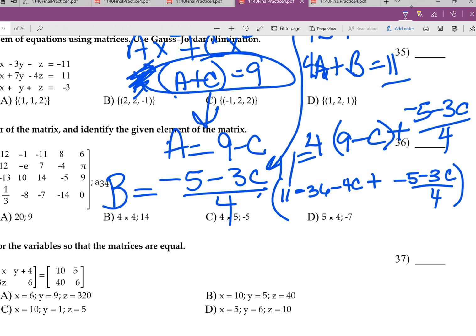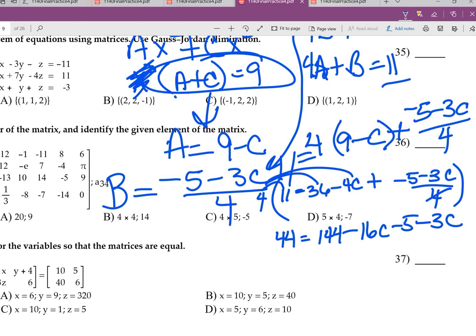I know it sounds hideous, but I'm going to multiply all of that by 4, so I'm going to get 44 is equal to 144. So basically I'm distributing, right? Minus 16c minus 5 minus 3c, and now I can solve easily because the 4 cancels.